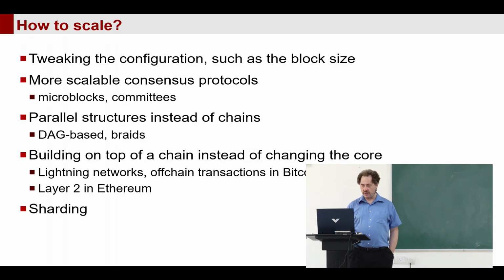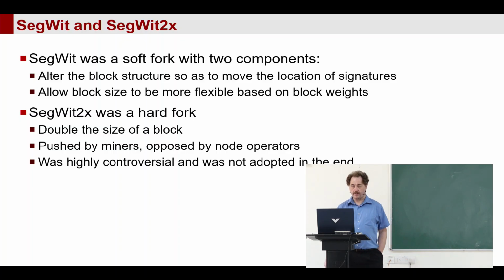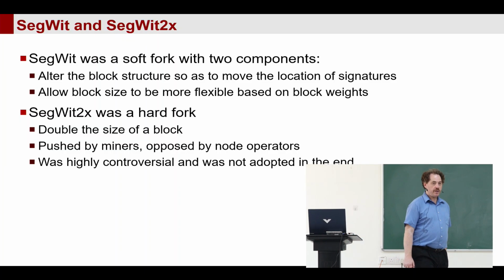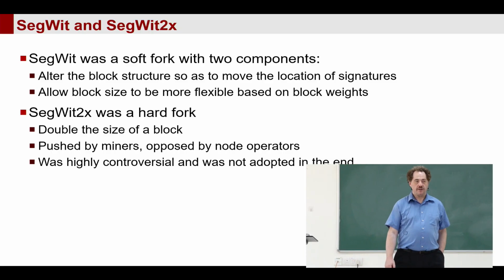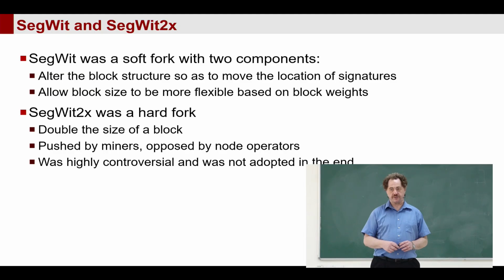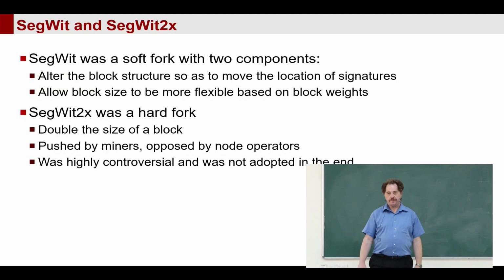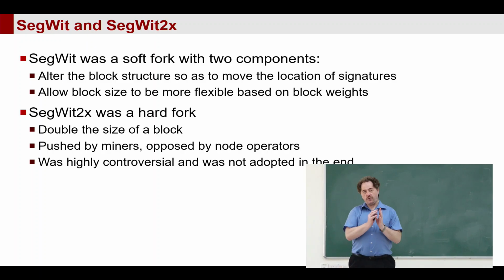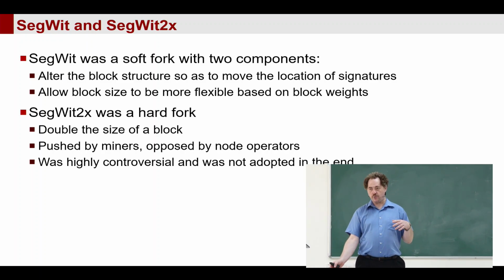So let's start from the block size. What's the deal with the block size? Why is the block size such a debated topic in Bitcoin and in other cryptocurrencies? Because there is a clear trade-off. What happens if we make very long blocks?